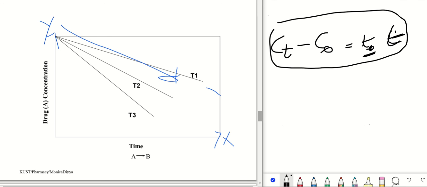That is how we can predict the shelf life of the drug or the drug product. So the reactant is not just a chemical species. It is our drug species, our active pharmaceutical ingredient.